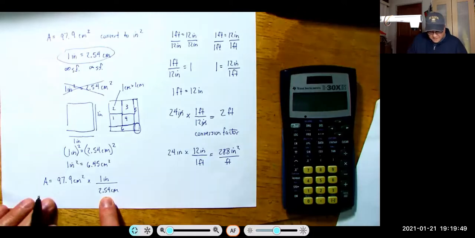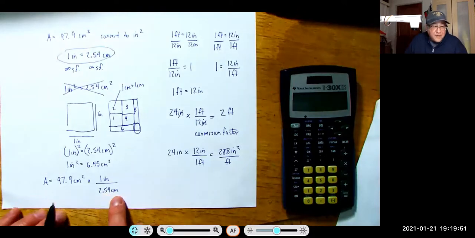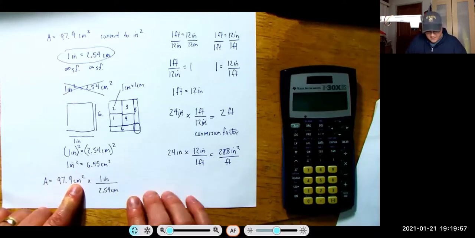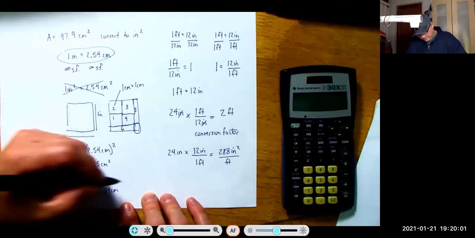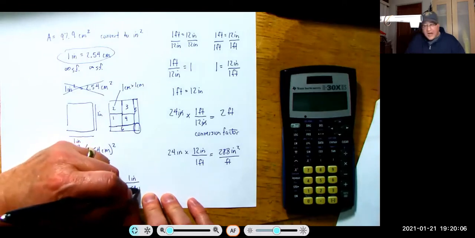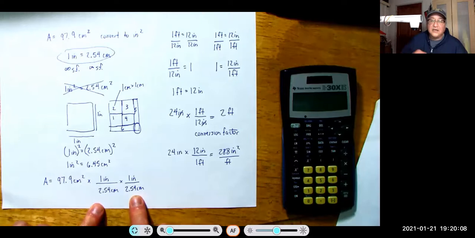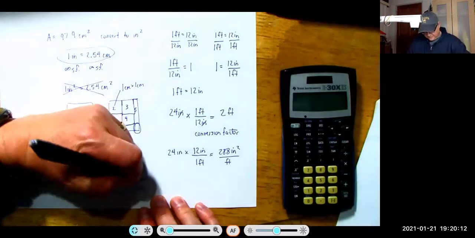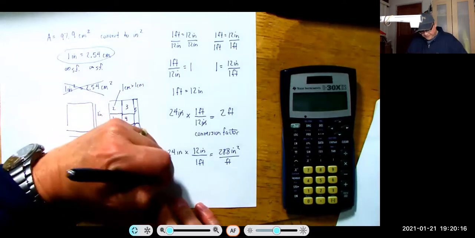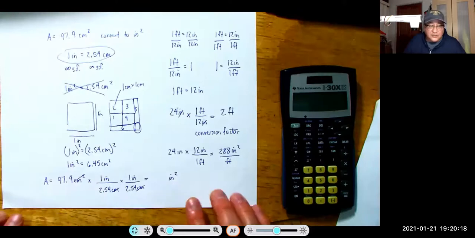If I multiply by this, how many of my centimeters on top cancel? One of them does. One of them doesn't. How can I get the second one to cancel? I can multiply by 1 again. And this will give us the correct answer in inches squared.